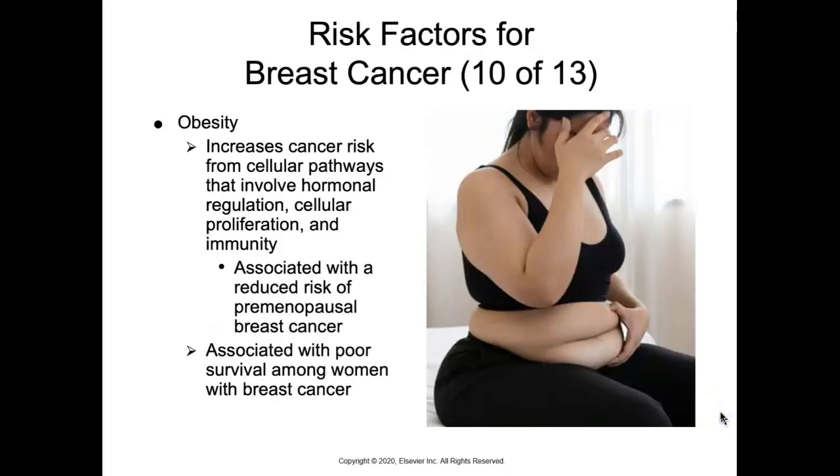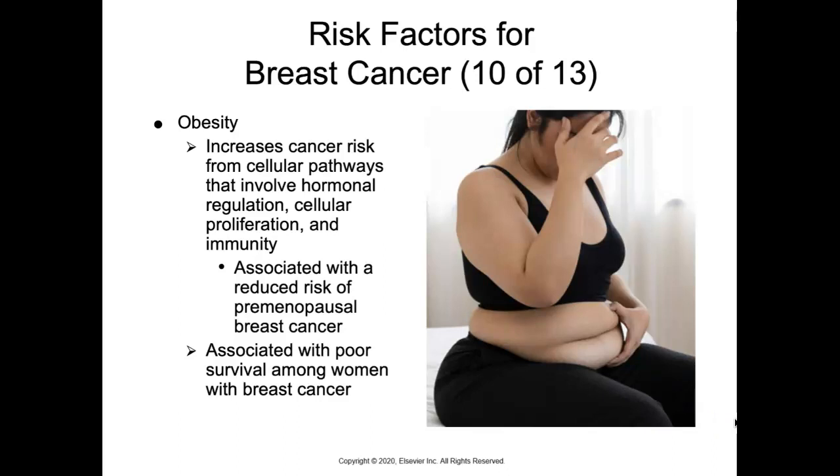Next, we have obesity. This is going to increase cancer risk from cellular pathways that involve hormonal regulation, cellular proliferation, and immunity. We know that obesity has been associated with a reduced risk of premenopausal breast cancer, and obesity can be associated with poor survival among women with breast cancer.